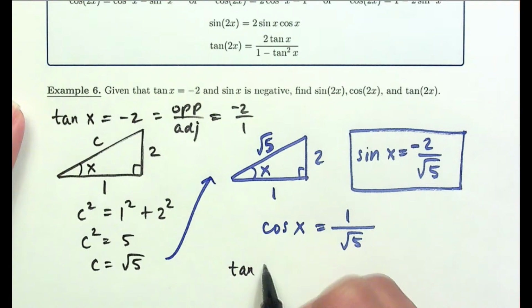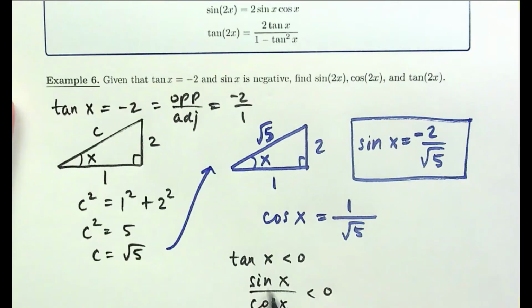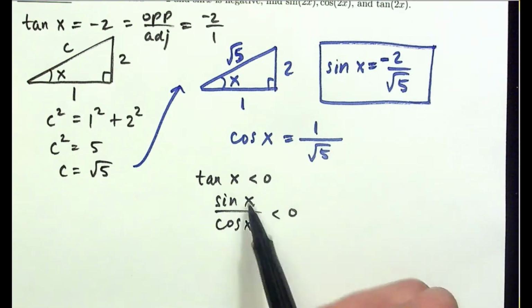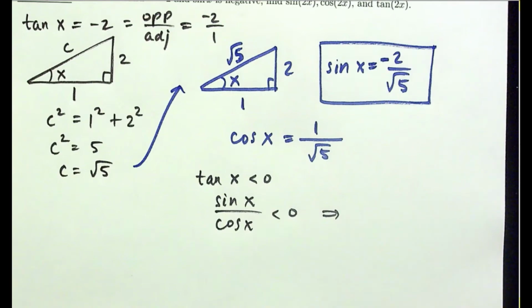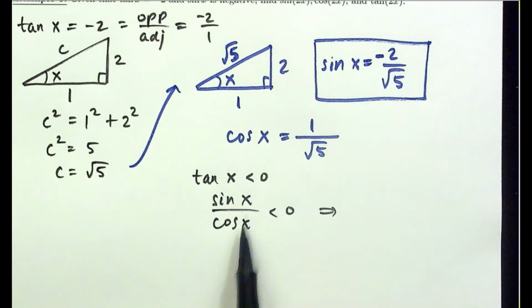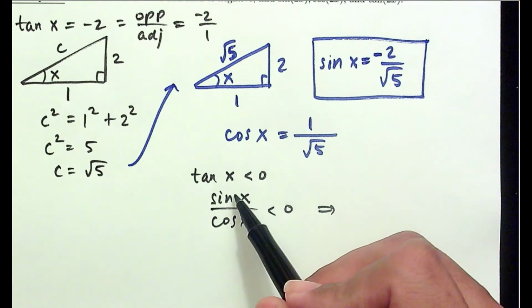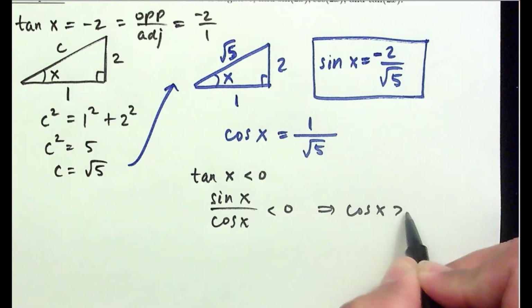Now, tangent is negative, but tangent is sine over cosine. So that means sine over cosine is negative. If I know that sine over cosine is negative and I know the top is negative, what does that imply about the bottom? Can the bottom be negative as well? No, right? The bottom has to be positive. Because if it was negative, you have negative over negative, which is positive. But that's not positive, that's negative. So cosine of x has to be positive.